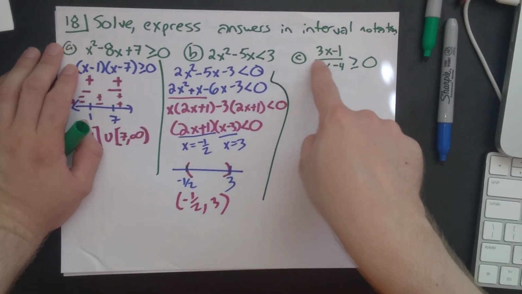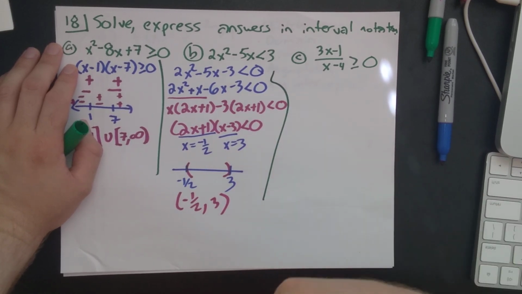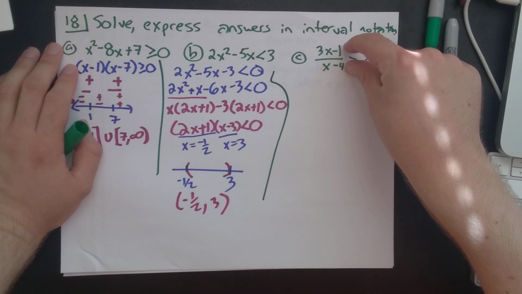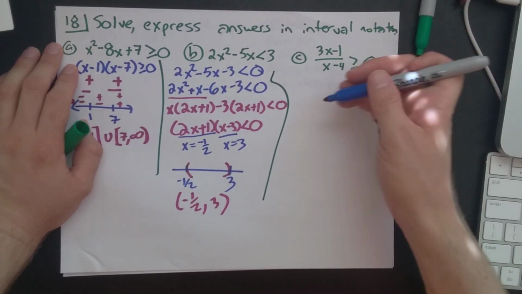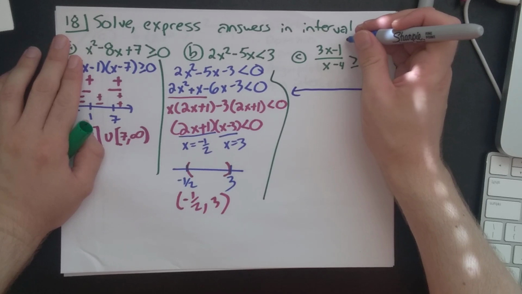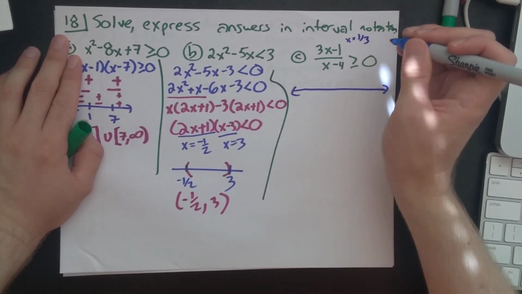Okay, so finally, 3x minus 1 divided by x minus 4 is greater than or equal to 0. And so one more time, we want both the numerator and denominator to be positive, or both the numerator and denominator to be negative. So I'm just going to draw two separate number lines here. The numerator is 0 when x is 1/3.